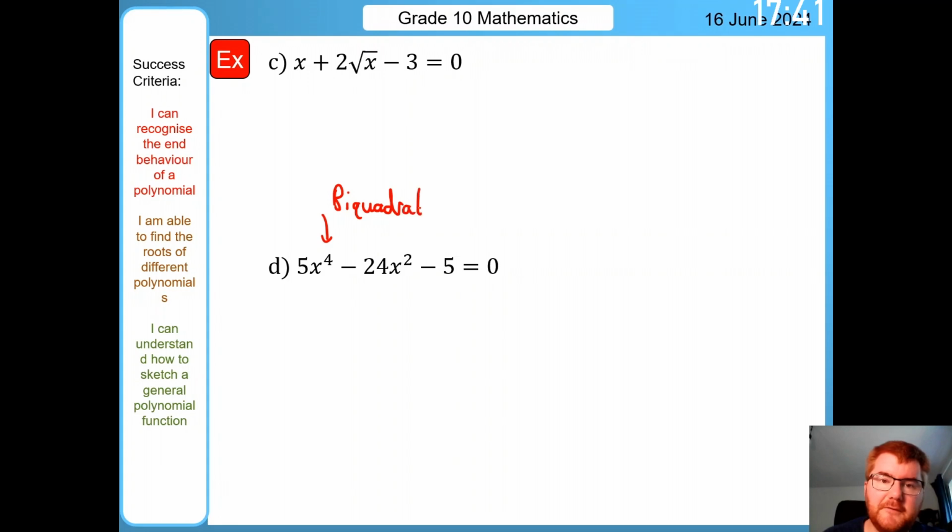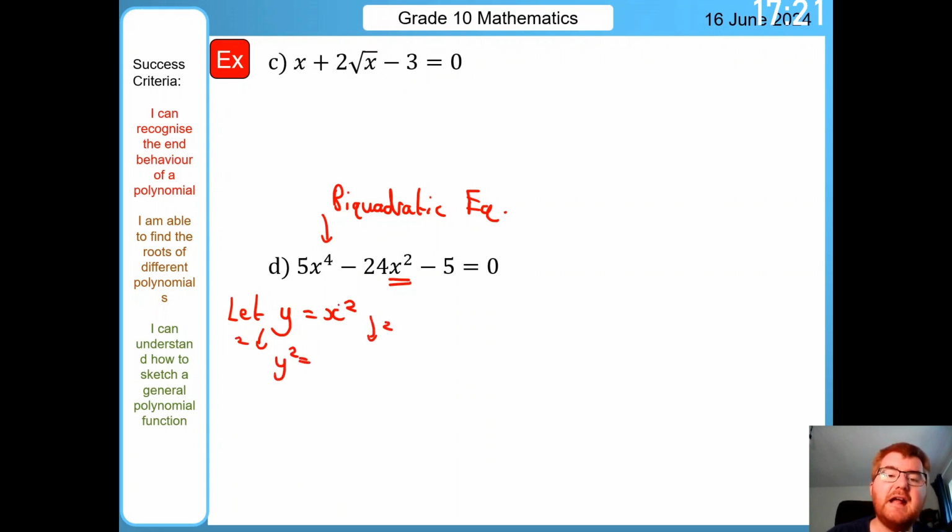That's the official name for this. We can actually solve this like a quadratic, and the way we do this is a substitution. So I let y equal x squared. The reason I've done that is if we square both sides, y squared is x squared all squared, which is x to the power of 4, since 2 times 2 is equal to 4.